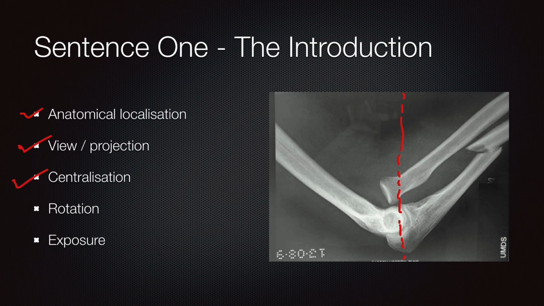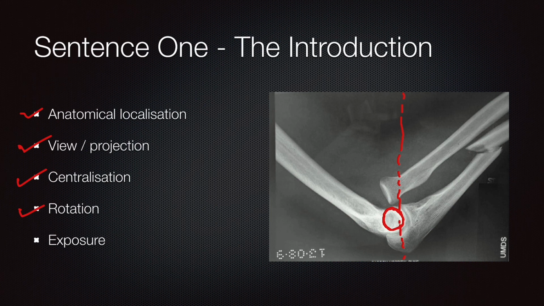In the case of a lateral view, the similar two congruent structures should overlap each other. For example, if we see in this lateral X-ray, the two condyles of the humerus are overlapping each other and there is no shadow which we can see, and therefore not only is this a well centralized X-ray, this is also a neutrally rotated X-ray.